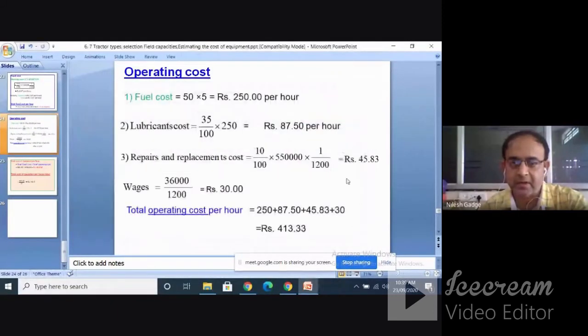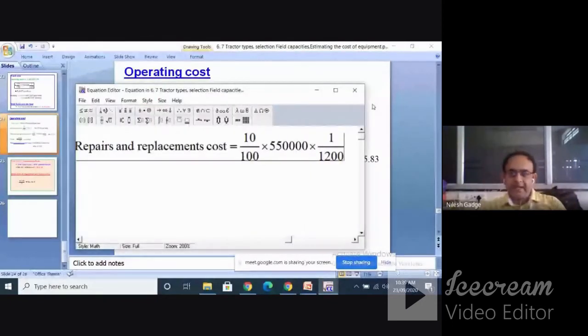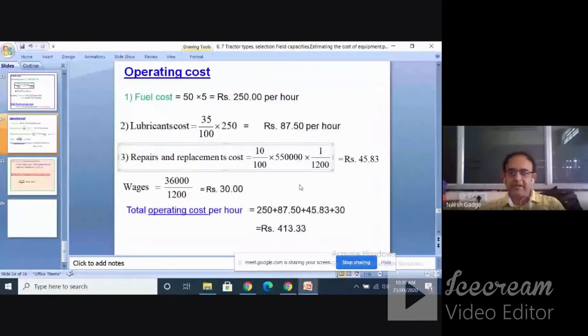Repairs and maintenance is taken as 10% of the initial cost. Repair and replacement cost is 5,50,000 divided by 10 divided by 100, multiplied by 1 upon H, where H is the working hours.